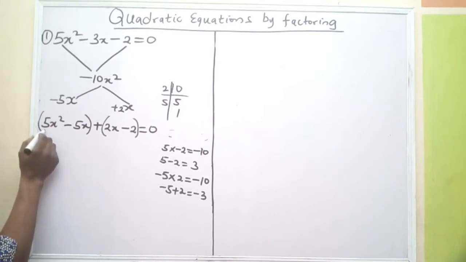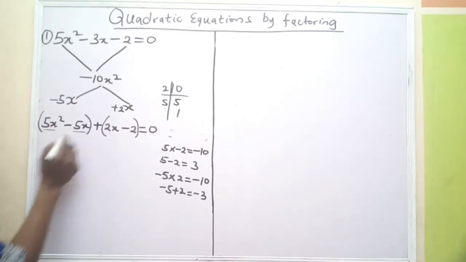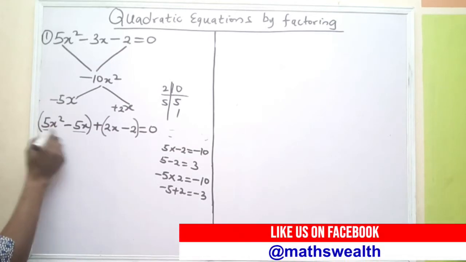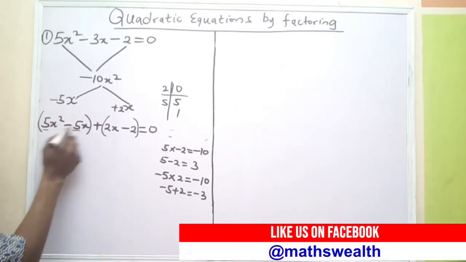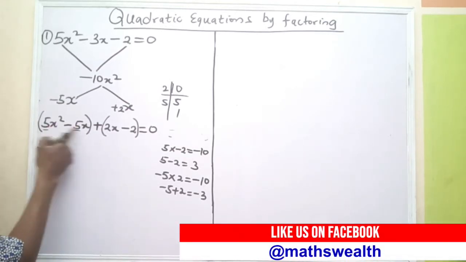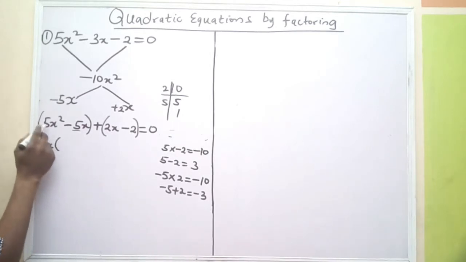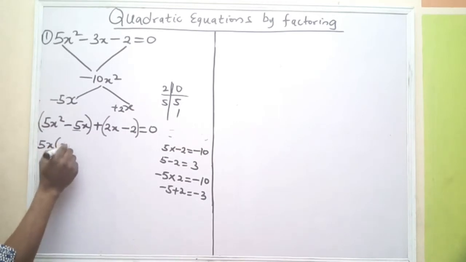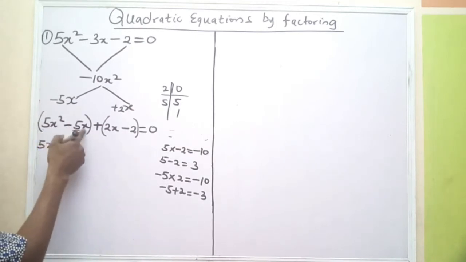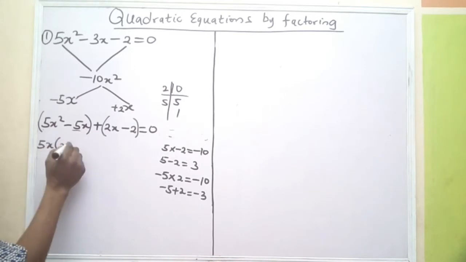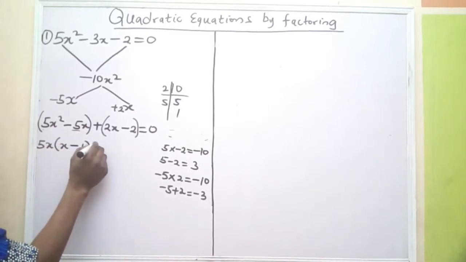The next step is to find the highest common factor. In comparing numbers, the highest factor is 5. In comparing the variable, the highest factor is x. So 5x squared divided by 5x will give me x, minus 5x divided by 5x will give me minus 1.